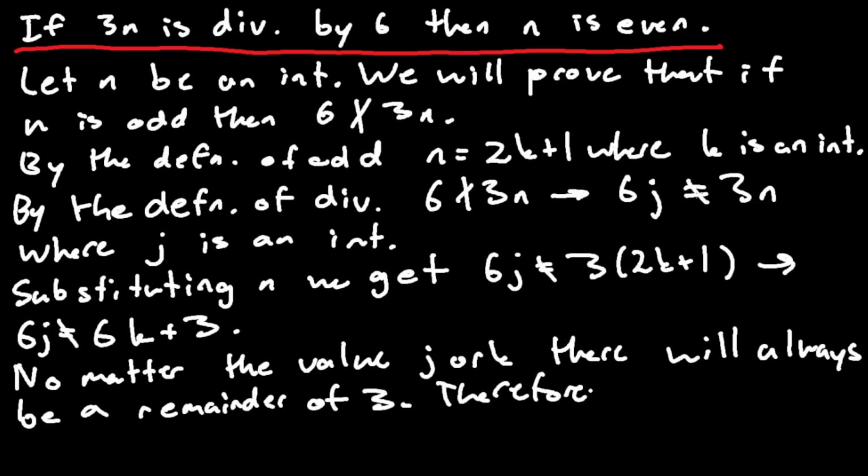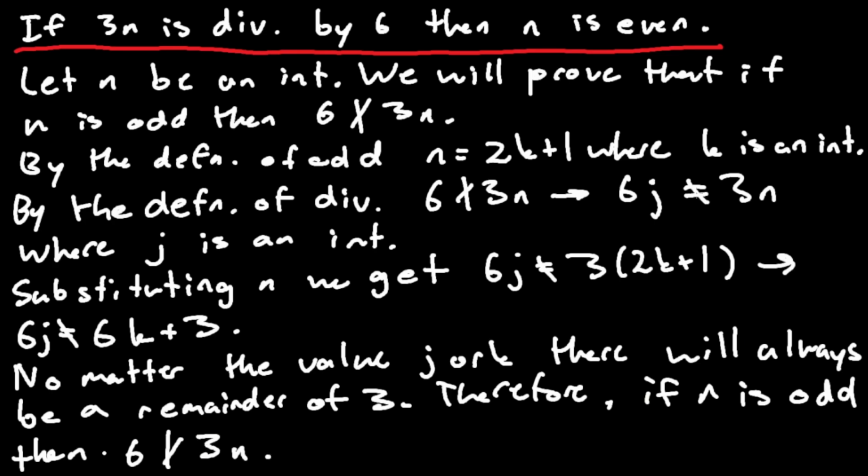Therefore, if n is odd, then 3n is never divisible by 6.